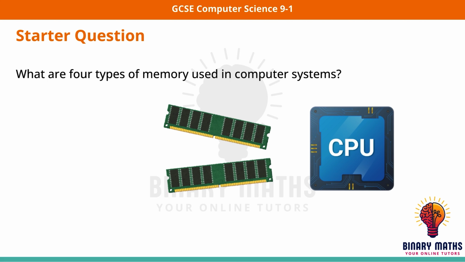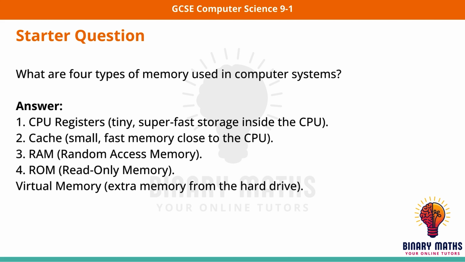So just a quick question to kick things off. What are 4 types of memory in a computer? Pause and think. I'll give you the answers in just a moment. First, CPU registers, tiny but lightning fast storage inside the processor.